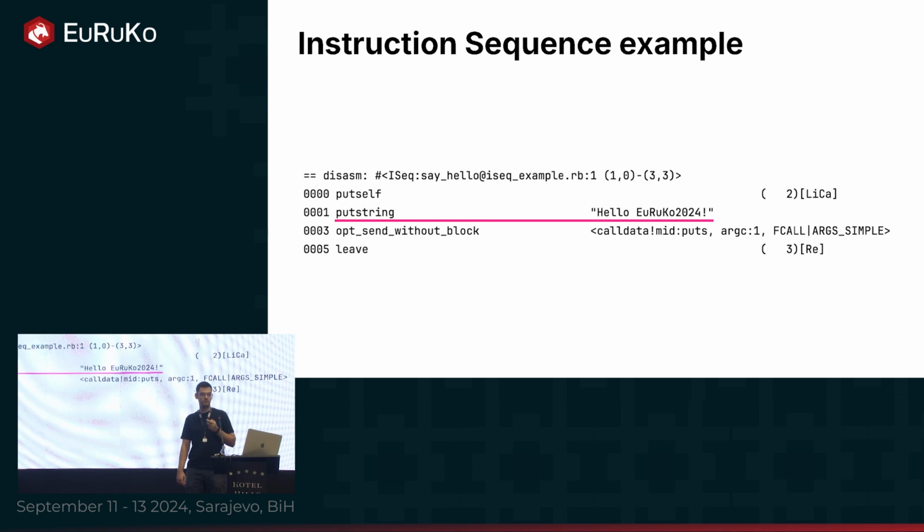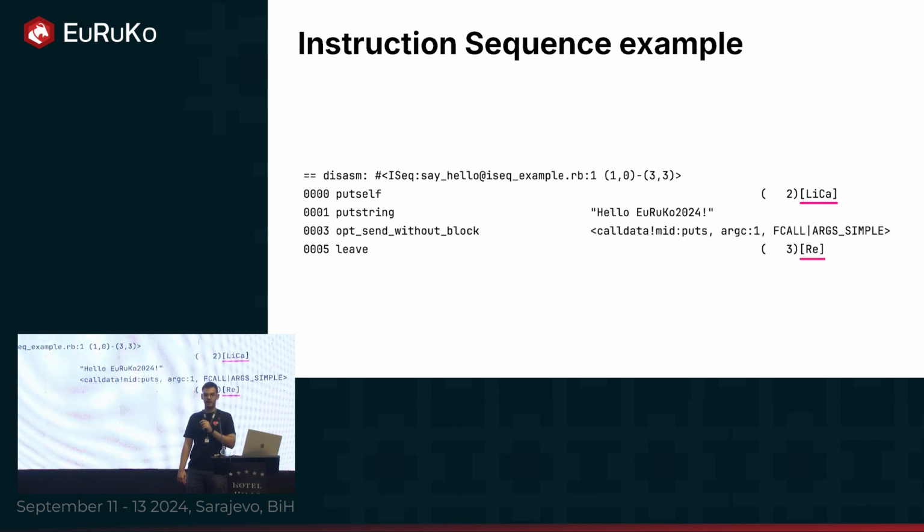Also, we have our argument, and we can read it right here without any encoding or decoding problems. That's great. And here is another point. These marks show events that will be emitted at runtime. Here, LI stands for line event, CA for call event, and RE for return event. And in this way, instruction sequence collaborates with the trace point because trace point targets these events.